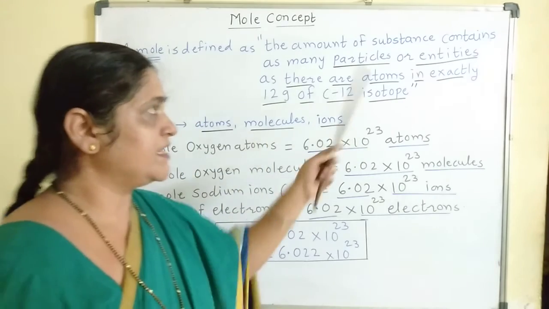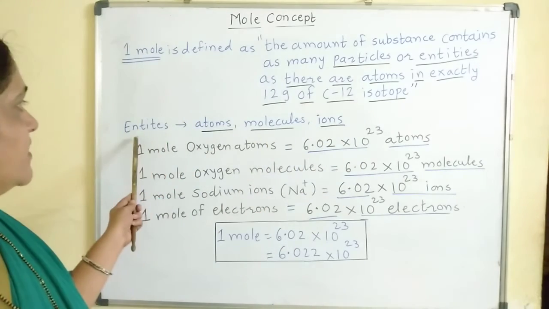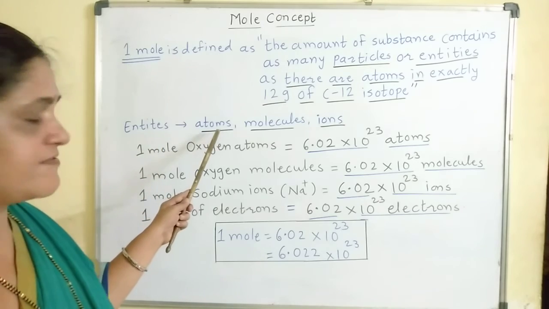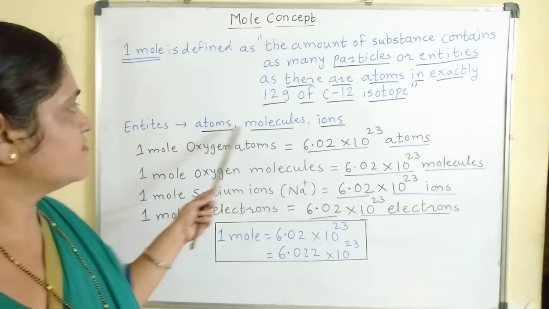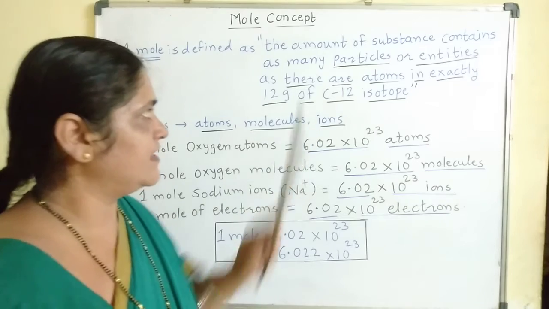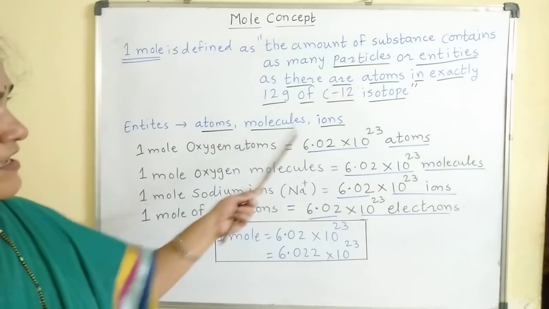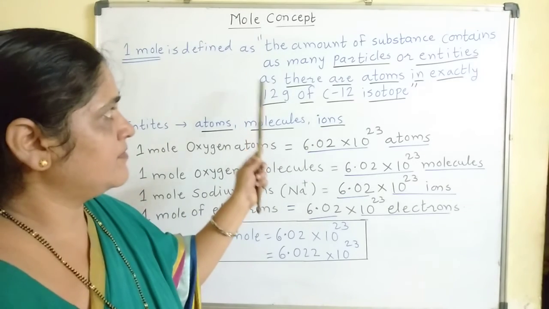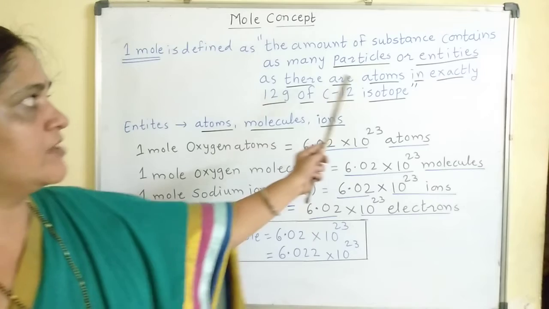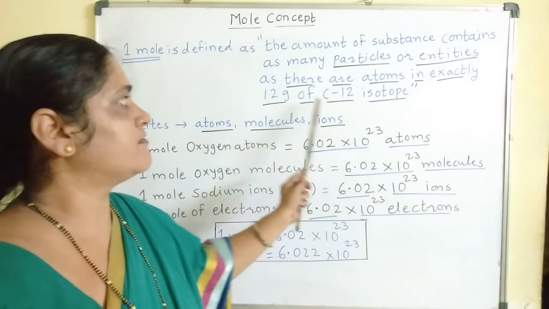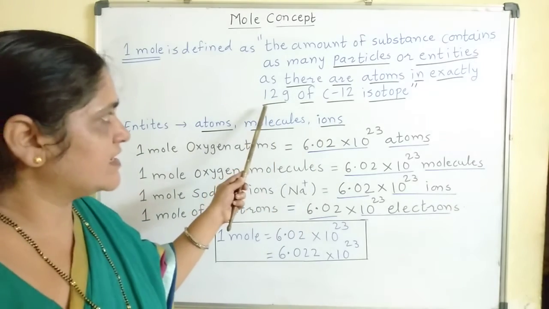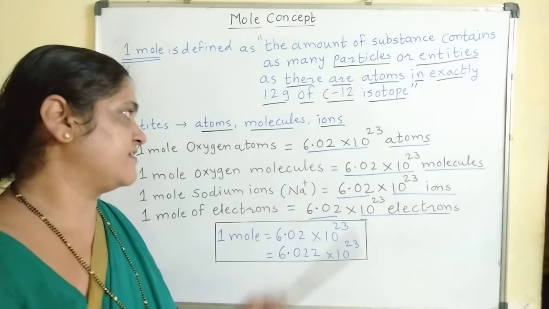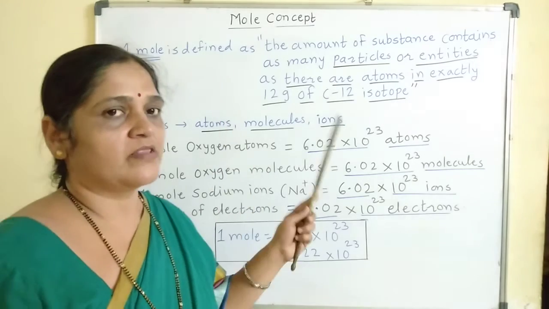Now what is the meaning of entities? The entities can be atoms, molecules or ions. If their amount is the same as the number of atoms in the carbon-12 isotope of mass 12 gram, then we can say they are 1 mole.